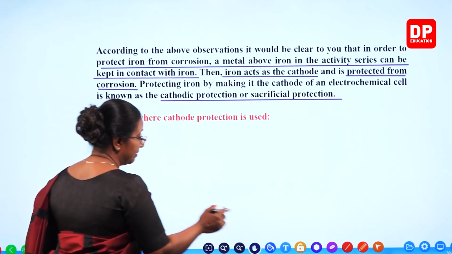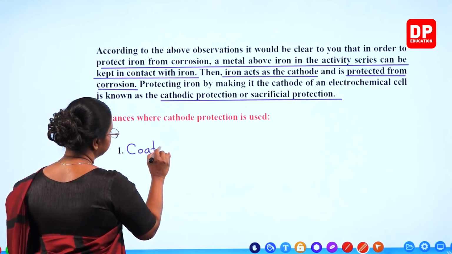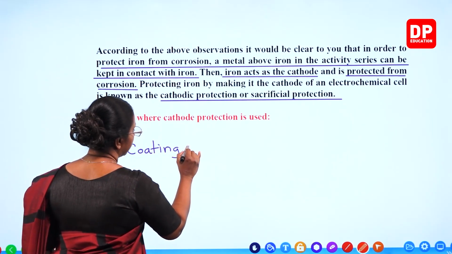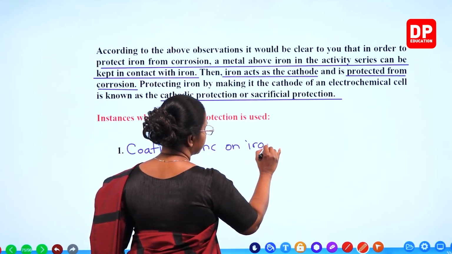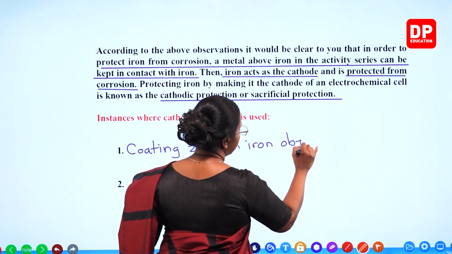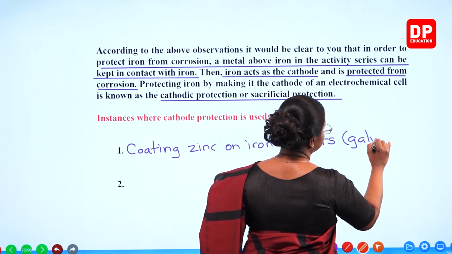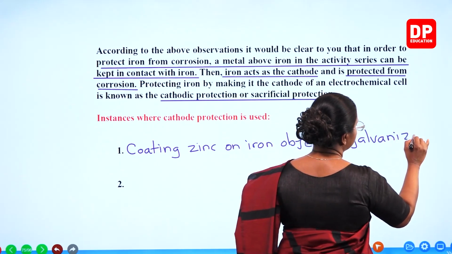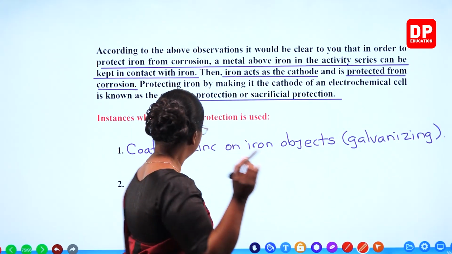So here one method is coating zinc on iron objects. That is known as galvanizing. I have told you all this.